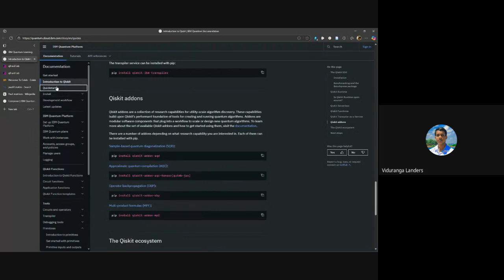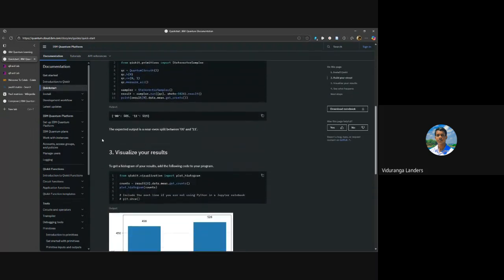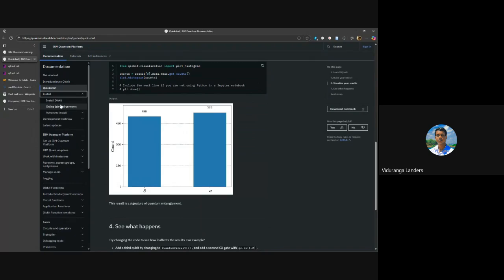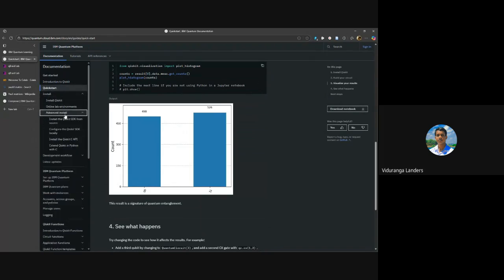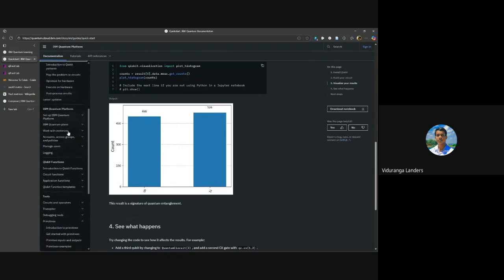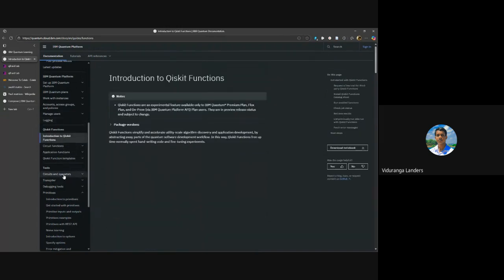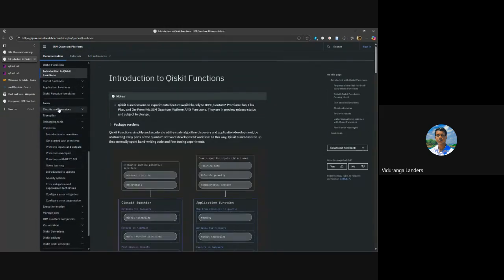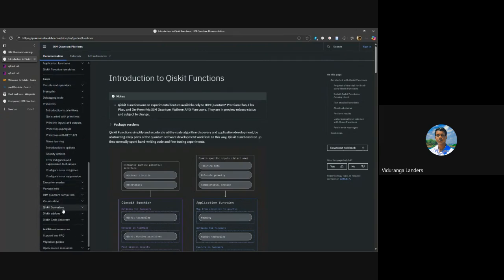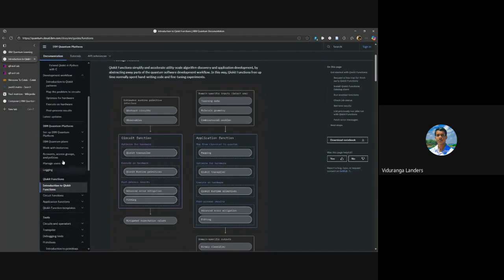So you can find all the instructions on how to start, how to create your environments, how to install Qiskit in various environments, how to configure your development workflows, how to access the quantum platform, how to create your accounts, what the basics of Qiskit are, and how the complex parts like transpilers, visualization, and additional add-ons work.